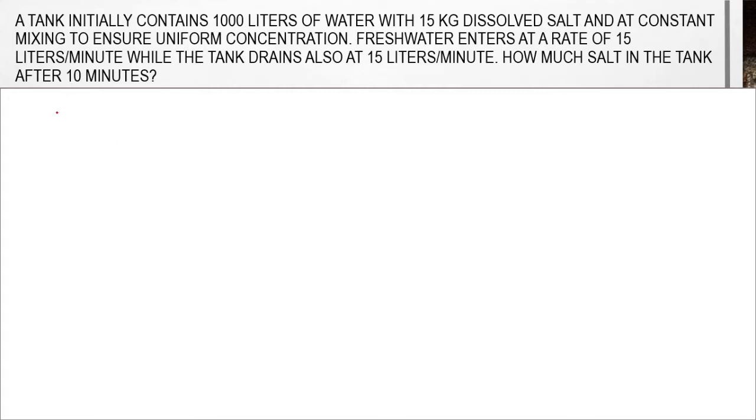So we write our main equation: dy over dt is equal to rate in minus rate out.